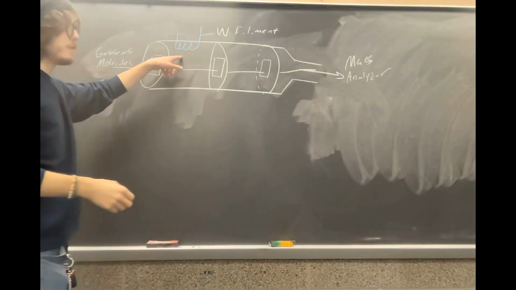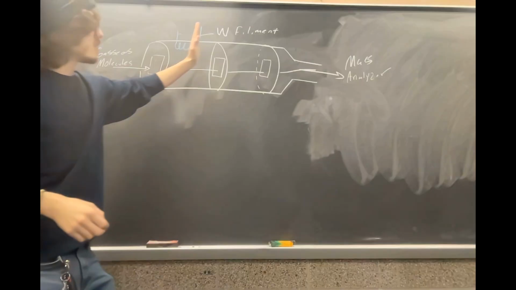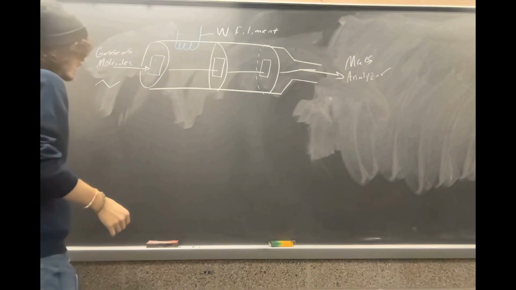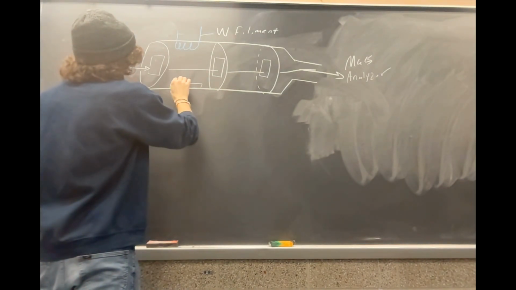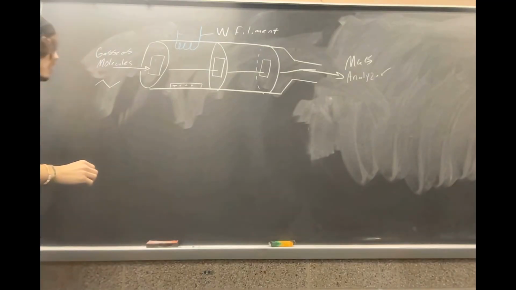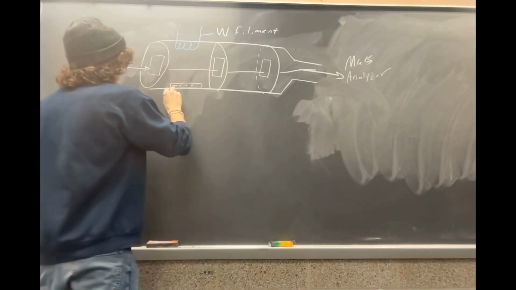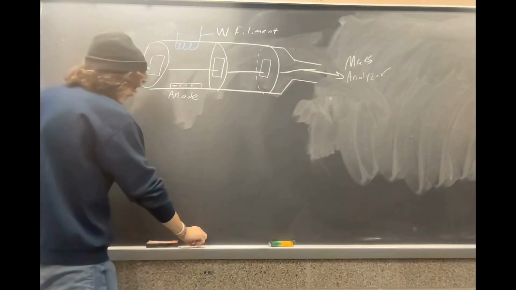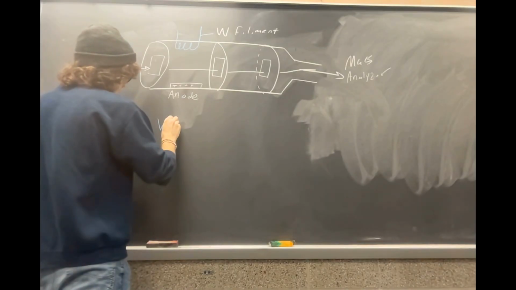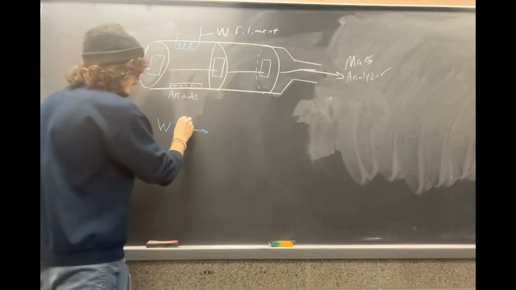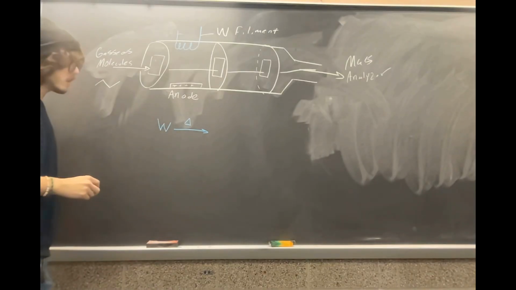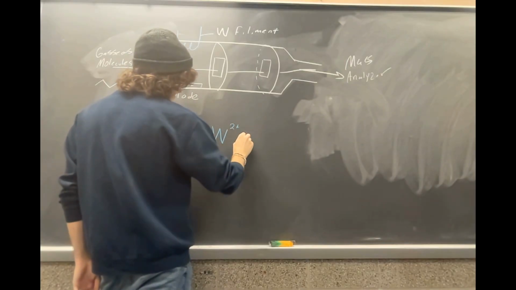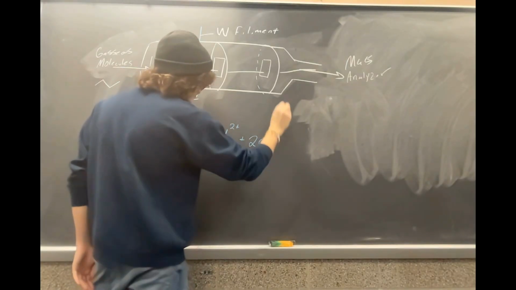So we have this tungsten filament fitted in the first subsection of the electron impact ionizer. At the bottom we're going to have an anode, so an excess of positive charges. I'll label that anode. We heat the tungsten filament, and given some input energy, delta, we get tungsten 2 plus and 2 electrons.